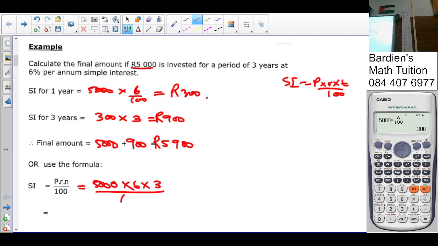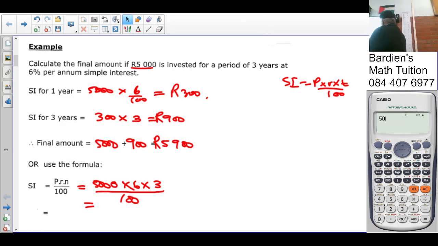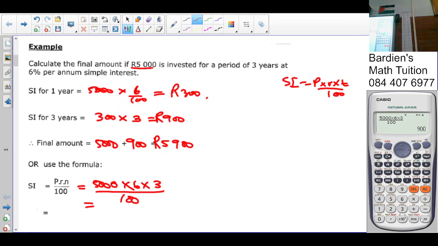And divided by 100. You put that in the calculator. It's simply going to give you 5,000 multiplied by 6 multiplied by 3 over 100 gives us 900 rand interest that was earned on this amount for 3 years.